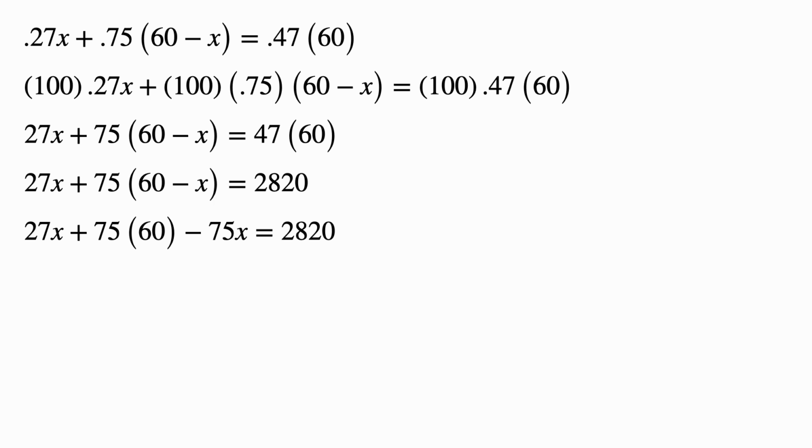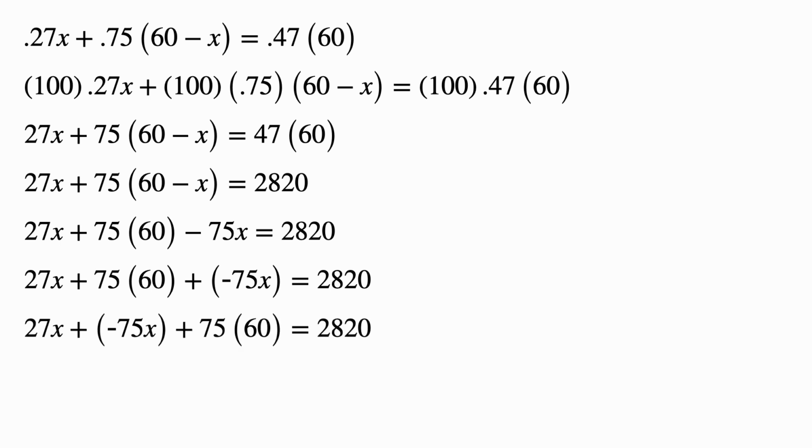Since we have parentheses, making 27x plus 75 times 60 minus 75x equals 2,820. Next, we can change the minus 75x from subtraction and change it to negative 75 in parentheses times x. Make this addition from subtraction.